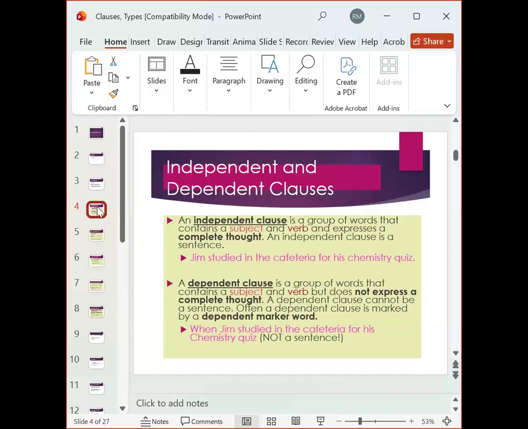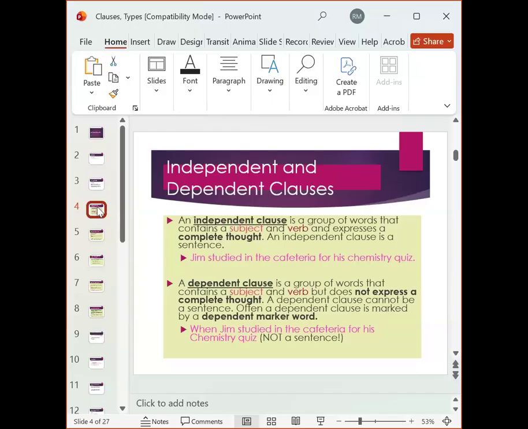It makes meaning. It does not require any additions to complete its communication of thoughts. So an independent clause makes meaning without depending on anything.